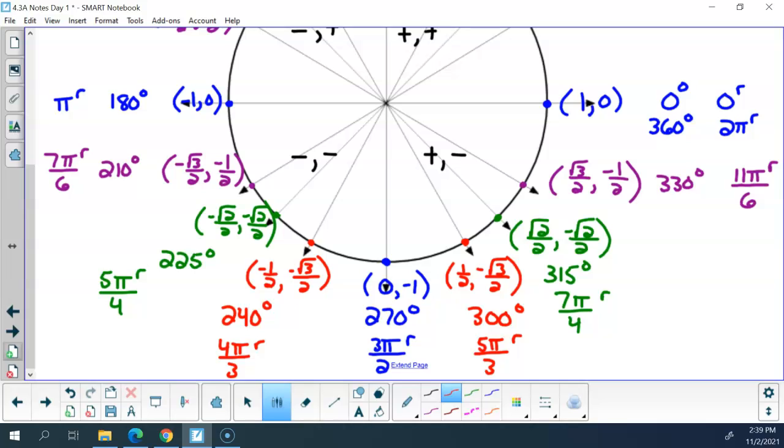Okay. So that, ladies and gentlemen, is your unit circle. You get to use that going forward on homeworks and quizzes and things of that nature. Okay? Do not lose it. If you lose it, you got to make a new one. Okay?